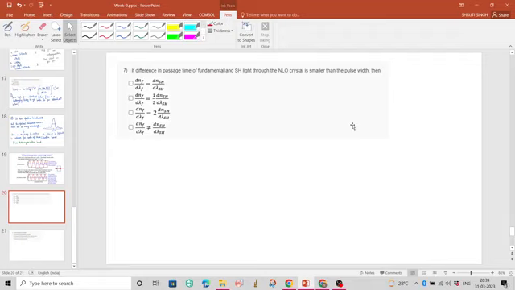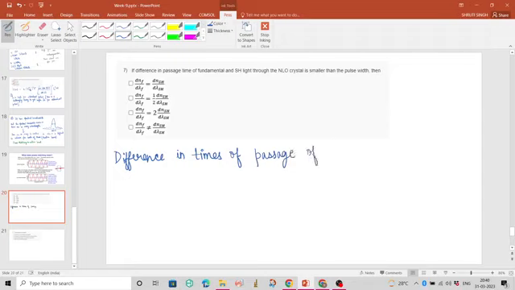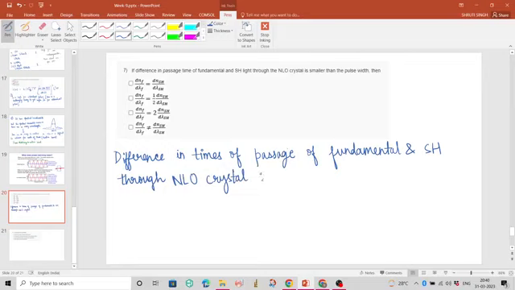So the difference is given by this. This difference is given by delta t is equal to 1 upon c.